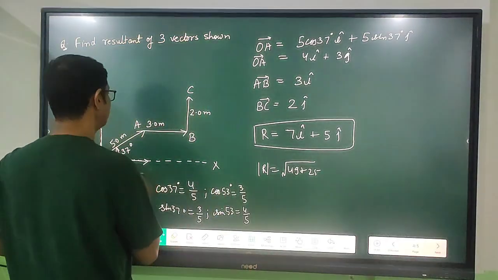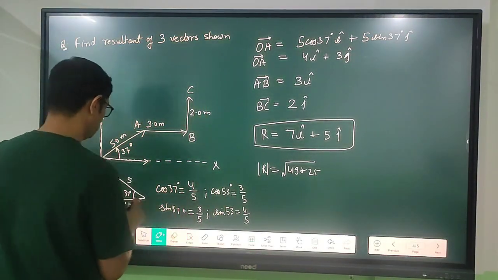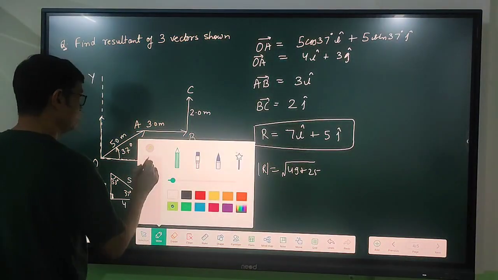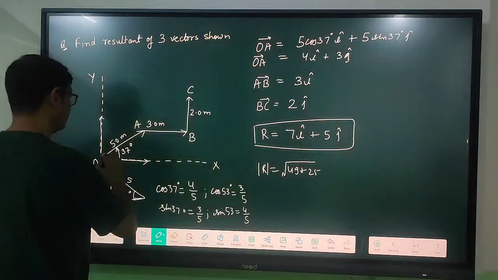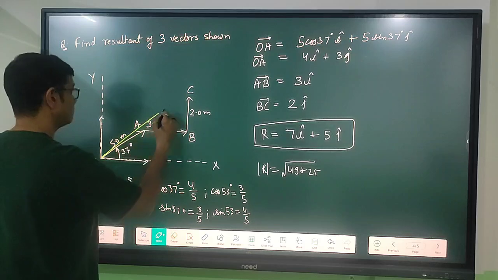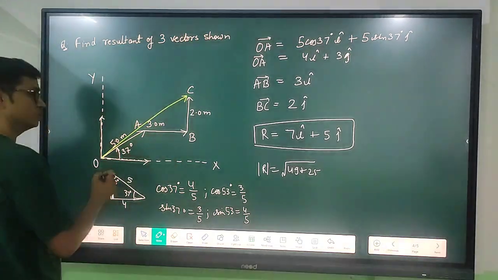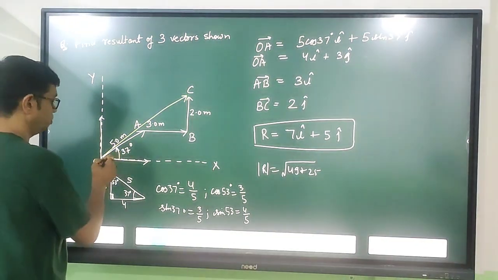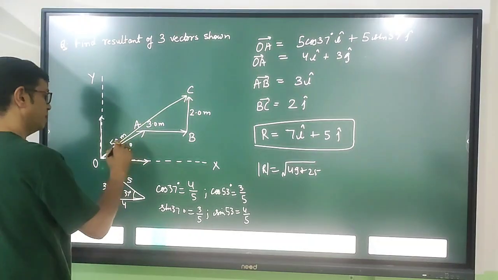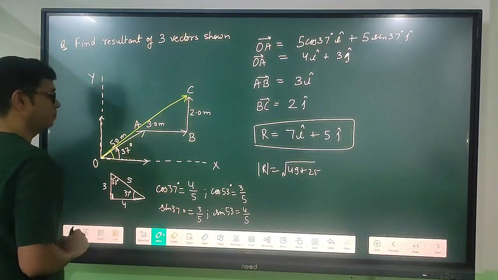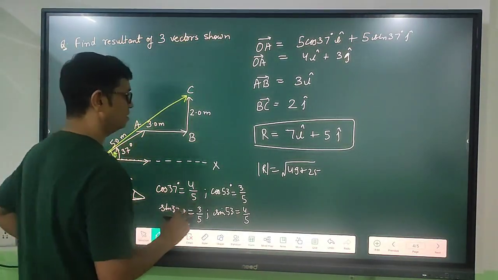And the angle of the resultant, right? So let's draw the resultant here. Resultant is this. So basically the resultant is going to be like this vector, because let's say it is displacement, so original to final, right? And you are interested in this angle now, right? Let's say this is theta.